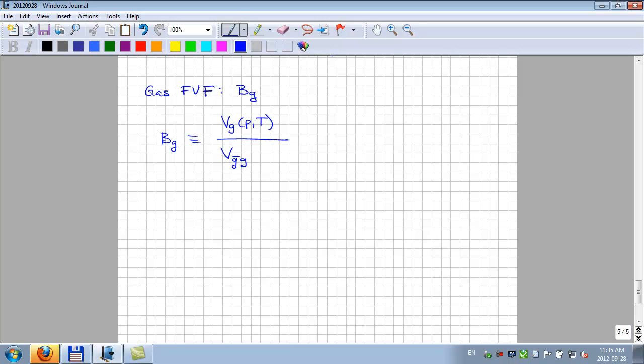And this is also a very common term for people working in gas engineering. You also have this, and that's quite a bit used. That would just be surface gas volume coming from the gas phase divided by the gas phase volume.